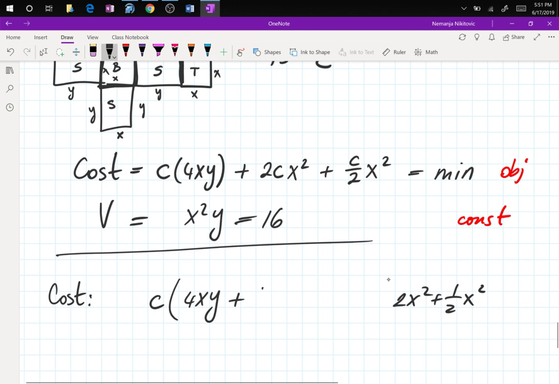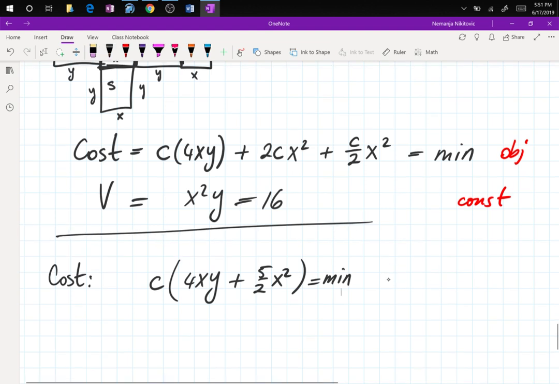I hope you see that that's 5/2 x squared when you add fractions. And from the volume equation, which is our constraint, y is equal to 16 over x squared.